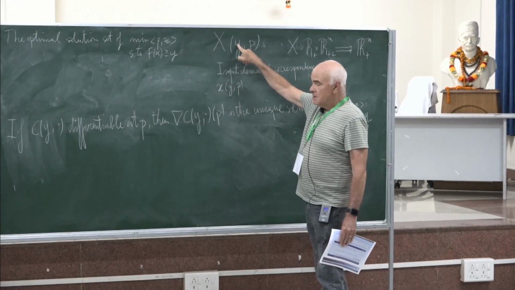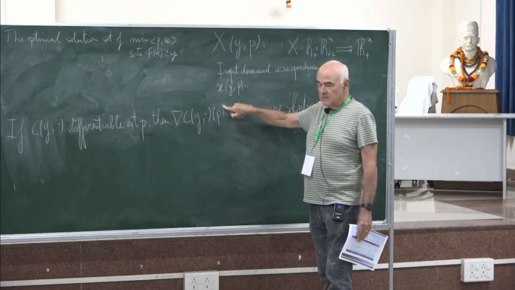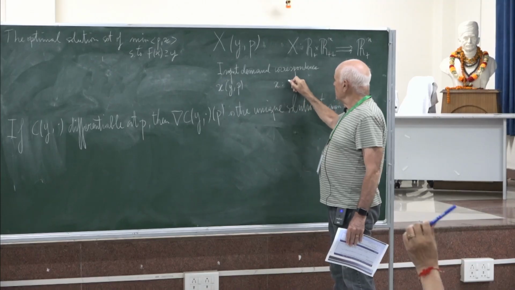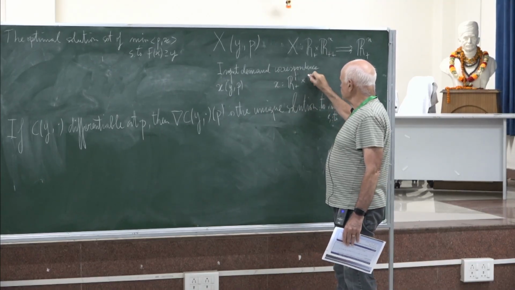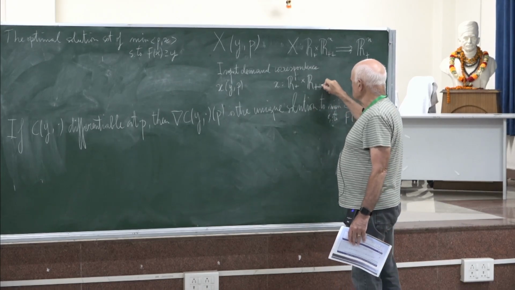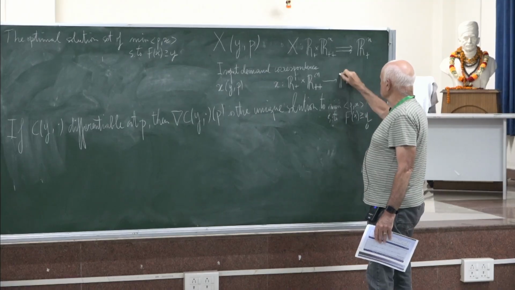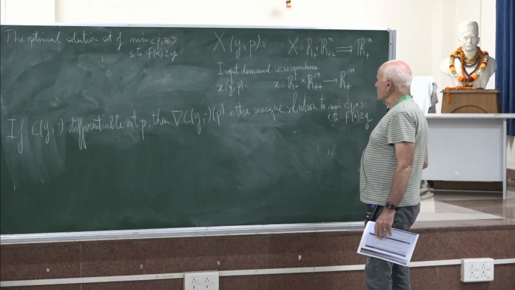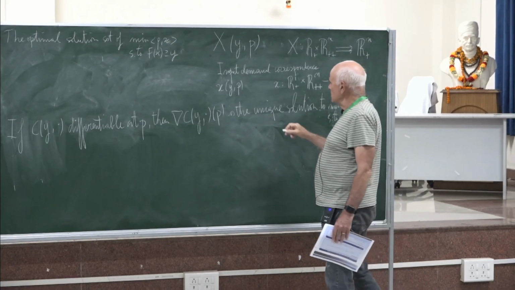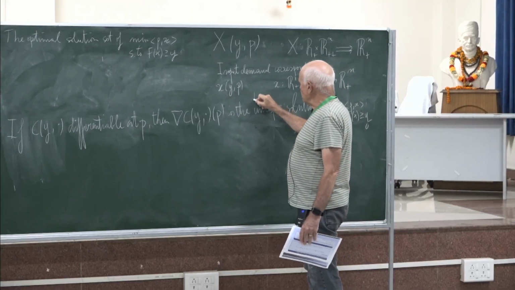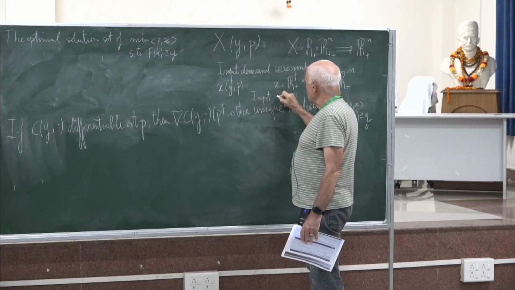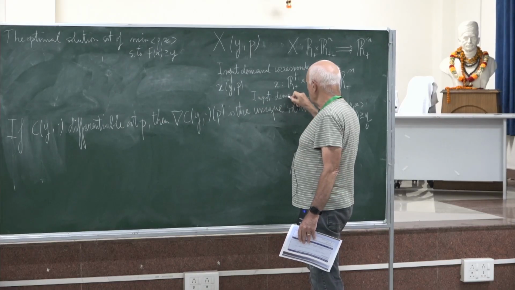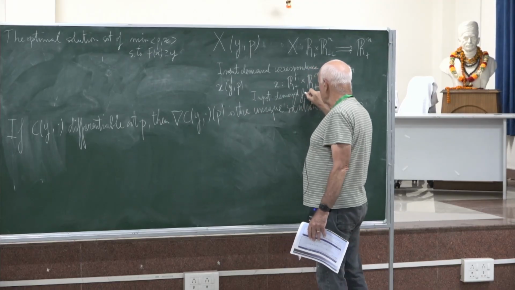So this set has only one element. In this case, we have a function, not a set-valued mapping, and it is called the input demand function.